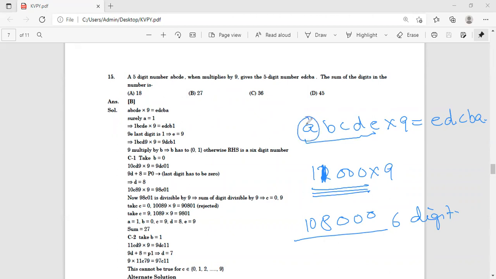So one thing is sure, the first digit has to be 1. So if the first digit is 1, then if you multiply it by 9, the last digit E will come as 9 only, right? Because when you multiply, the digits reverse. So E is 9.